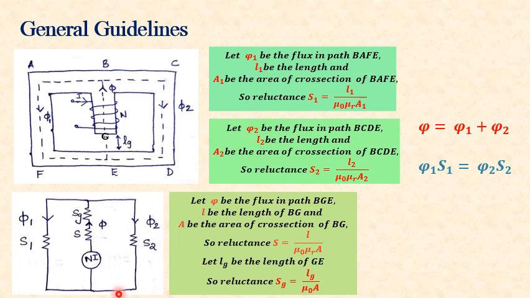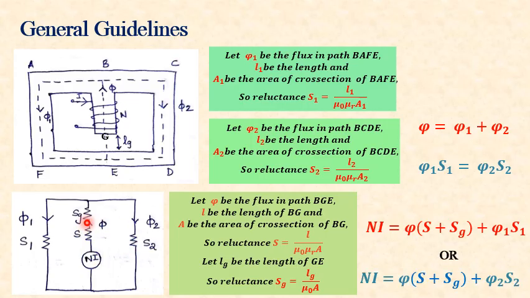Then regarding the total MMF, considering the right loop, we can write total MMF Ni equal to phi into S plus Sg plus phi 2 into S2. Similarly, Ni is also equal to phi into S plus Sg plus phi 1 S1. So the only difference is that we have to incorporate the reluctance of the air gap. All the other things remain the same.